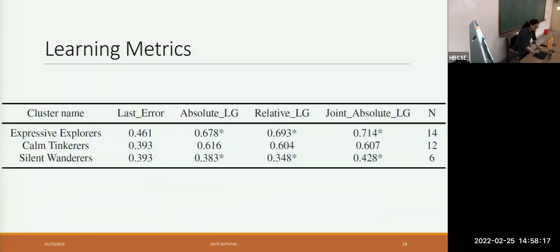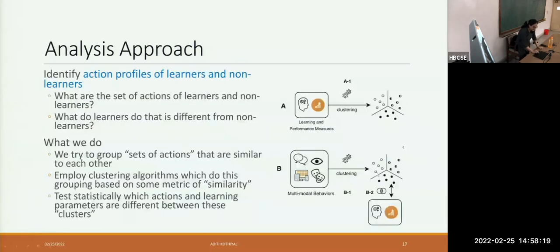So let me just go back. If you just imagine that these actions are all of these points in the space, we separate this space into parts and we group the points which are close to each other, all of these actions which are close to each other. And then we see, okay, this is group one, X1, X2, X3, this is X4, X5, X6, this is X7, X8, X9.